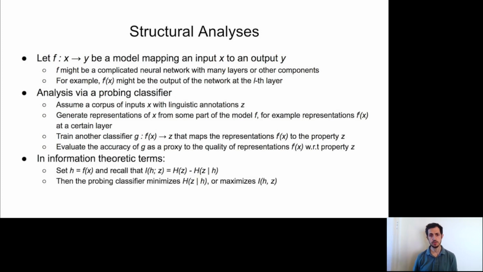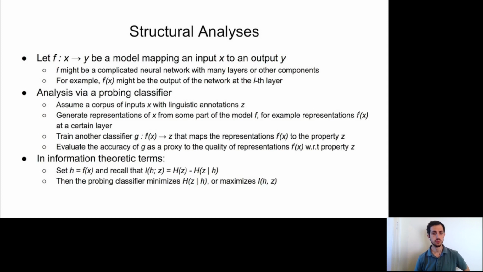In information theoretic terms, what we actually do is the following. Let's call the representation H, and we look at the mutual information between H and Z, which can be expressed as the difference between the entropy of Z and the conditional entropy.